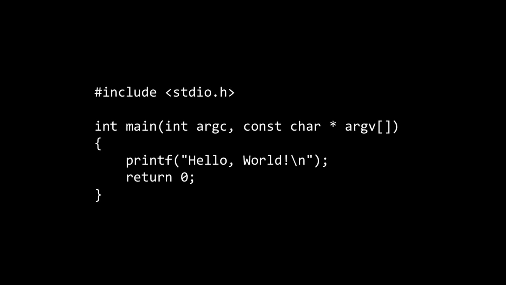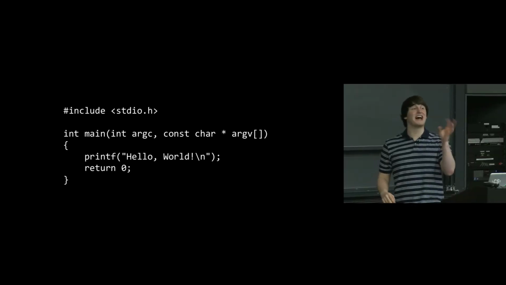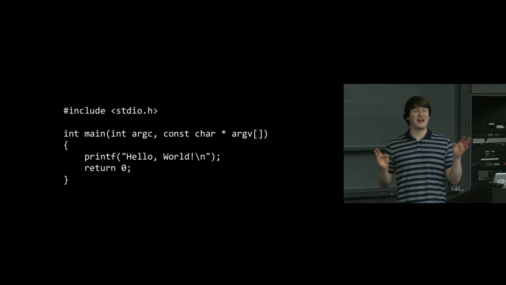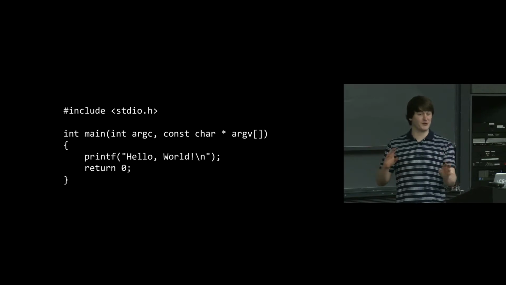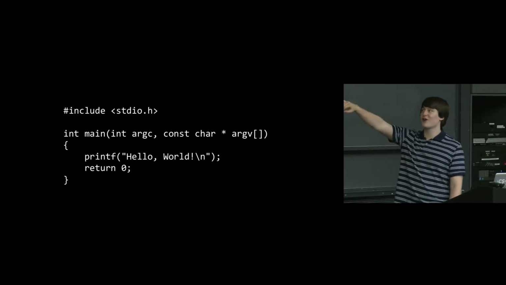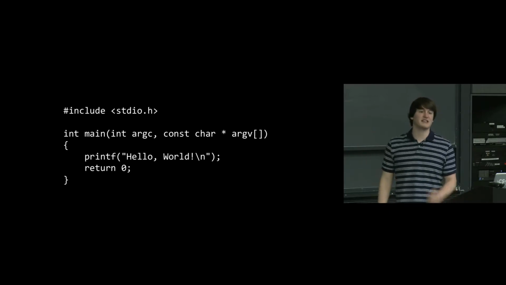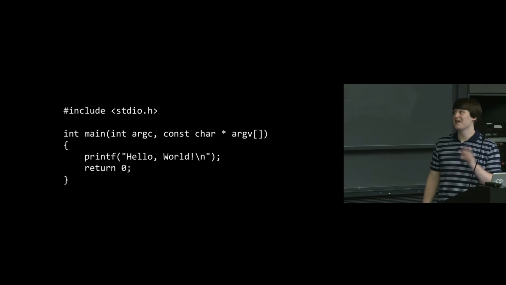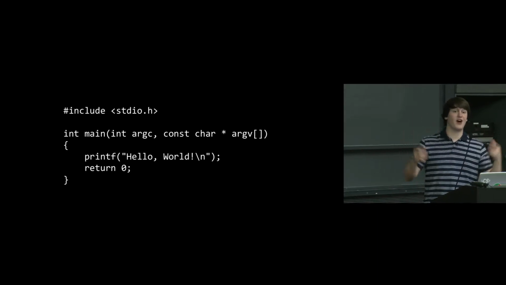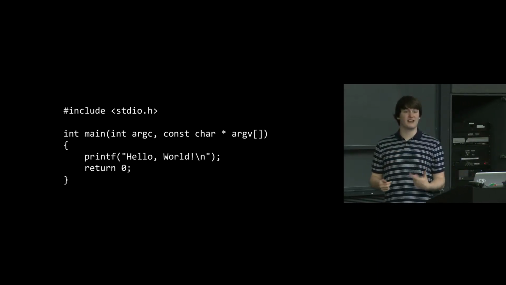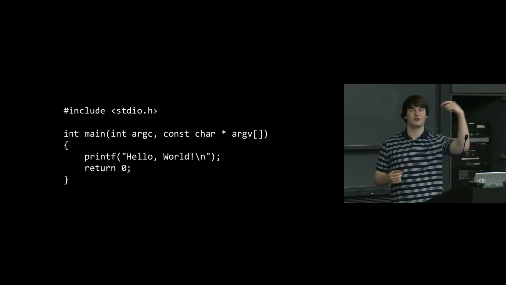Ignoring the fact that it's bracket syntax, this isn't entirely true, but in a lot of scenarios, arrays and pointers are pretty much equivalent. So const char star argv bracket, we could have also said as const char star star argv, which makes sense since argv is an array of strings, and we represent a string as a pointer to a single character.